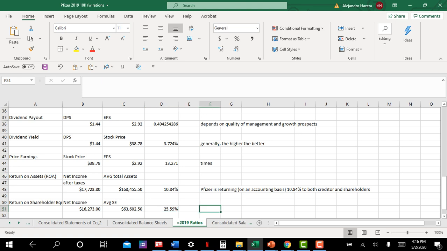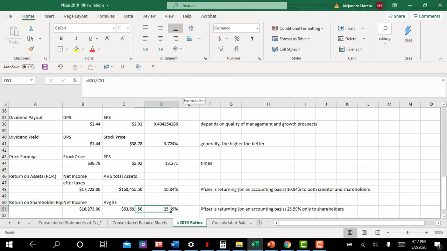So I'm just going to copy this sentence down to here and say that Pfizer is returning on an accounting basis 25.59% only to shareholders. Okay, and that looks pretty good.